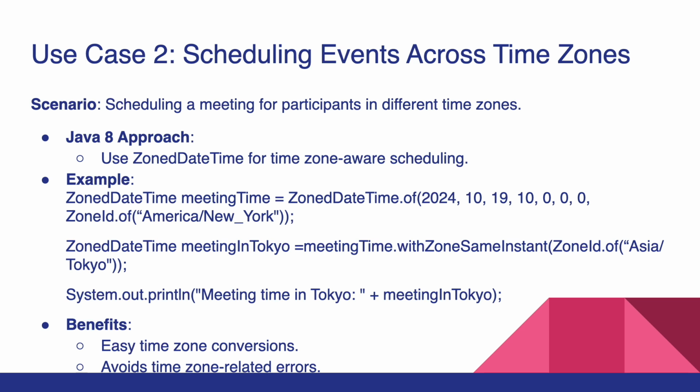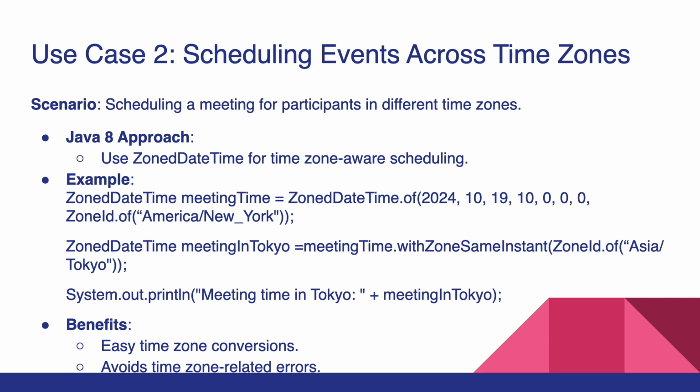Use case 2. In a globalized environment, scheduling events across different time zones is essential. The legacy APIs made this task complex and error prone. Java 8 addresses this with ZonedDateTime, which provides time zone aware scheduling.